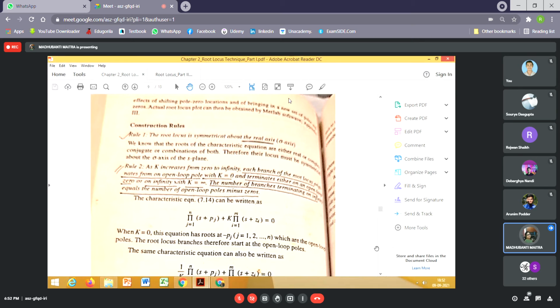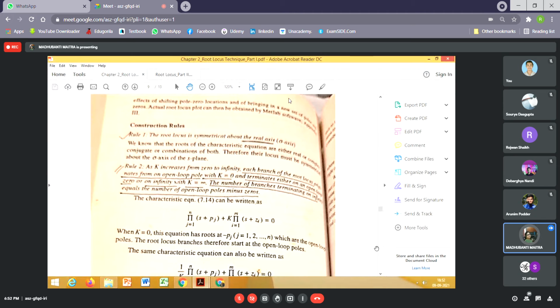That means we are considering a generic nth order system. An nth order system will have n number of open loop poles, and we are assuming that the number of open loop zeros is equal to m. Now we are increasing the value of gain k from 0 to infinity.